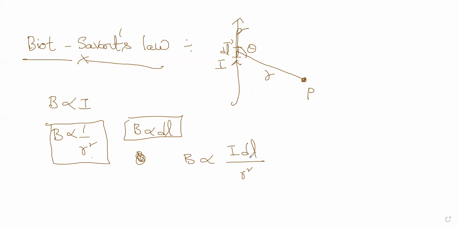Now when you remove the proportionality constant, we end up with mu naught by 4 pi into I dl sine theta.